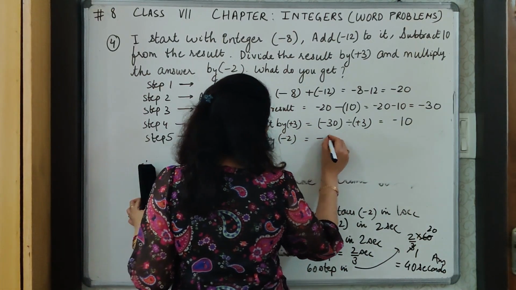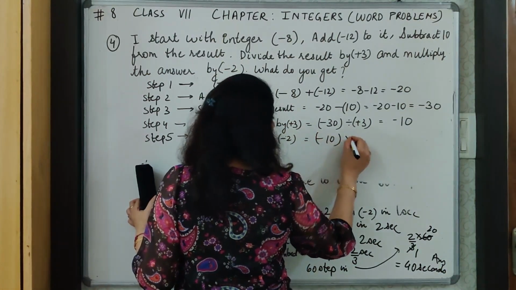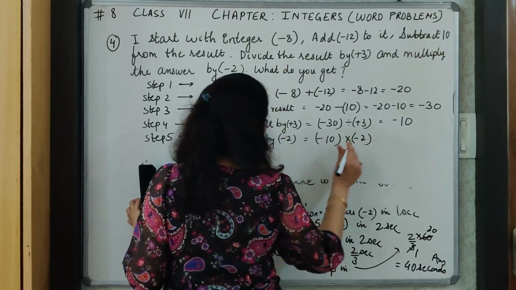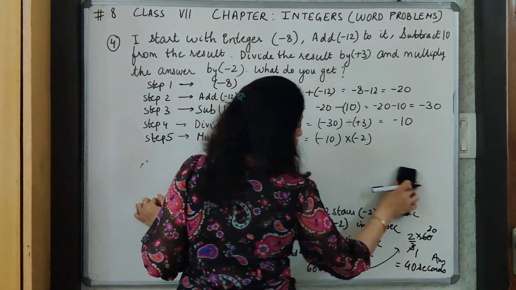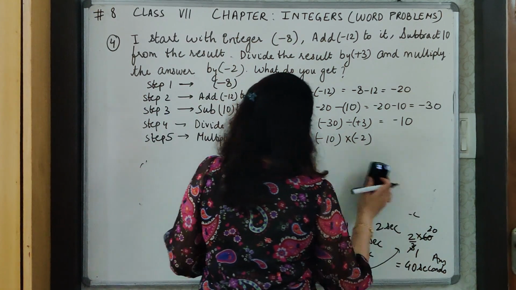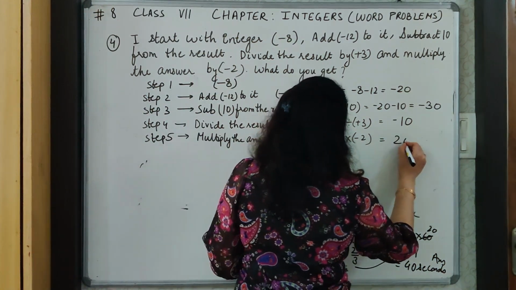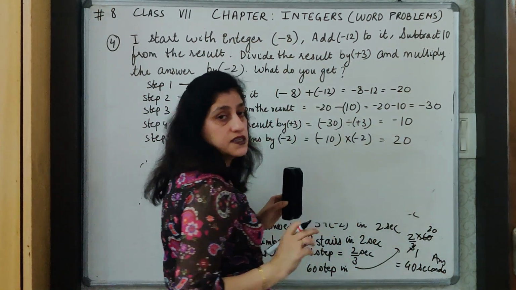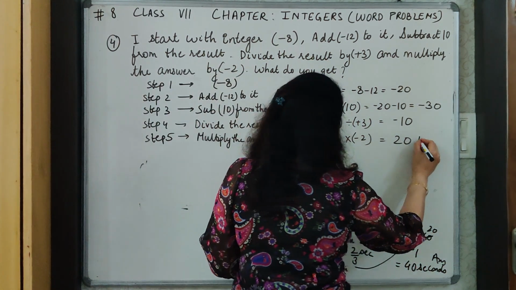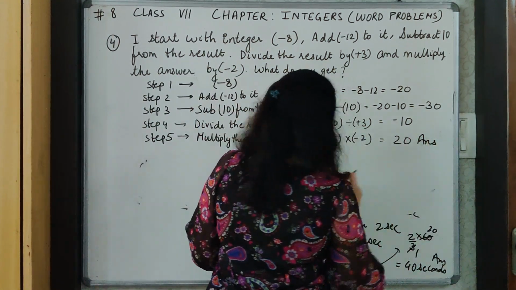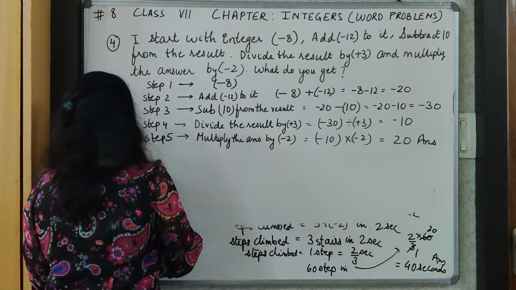My final answer was minus 10 and I have to multiply it by minus 2. So 10 into 2 is 20 and minus into minus is plus. So finally we reach 20, and 20 is the answer to this word problem.